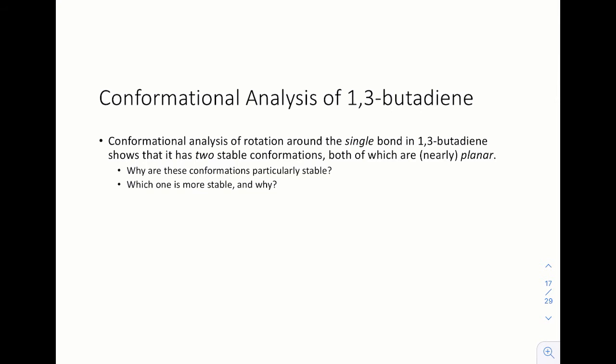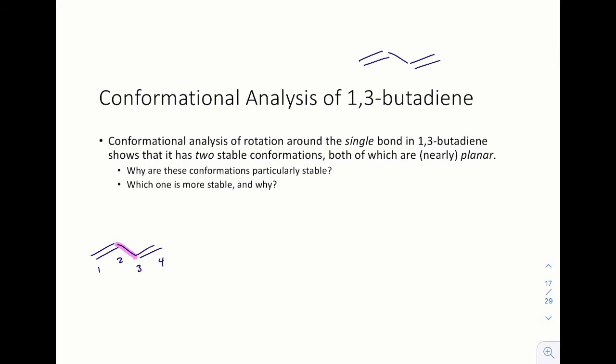Conformational analysis of 1,3-butadiene provides additional evidence of how low energy conjugation is relative to isolation of the 2 pi bonds. In fact, conformational analysis of rotation around what looks like the single bond, so as we've discussed in the conventional skeletal structure from valence bond theory of 1,3-butadiene, the carbon 2,3 bond looks like a single bond.